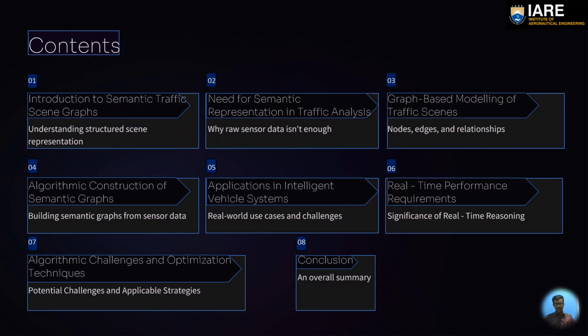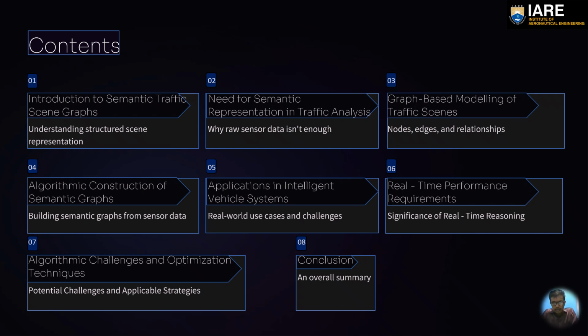Now let's go through the contents. In the first place, I'm going to explain about the introduction. I'm going to introduce the topic of semantic traffic scene graphs. There will be understanding structured scene representation, and after that I'm going to explain about the need for semantic representation in traffic analysis.